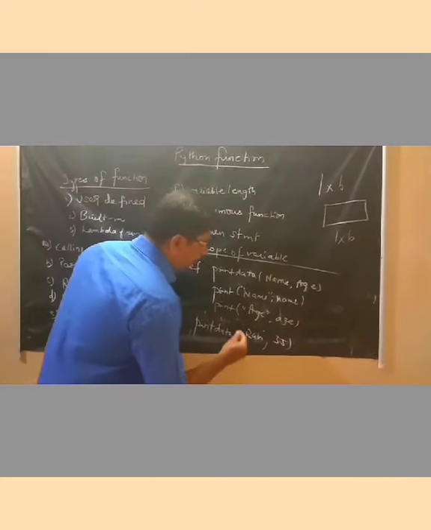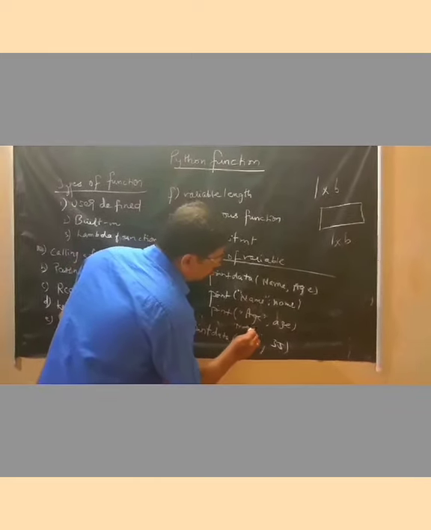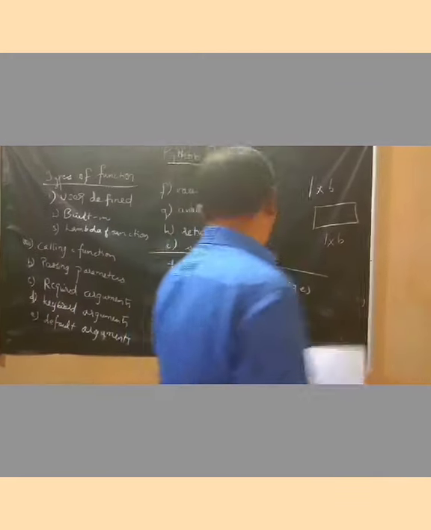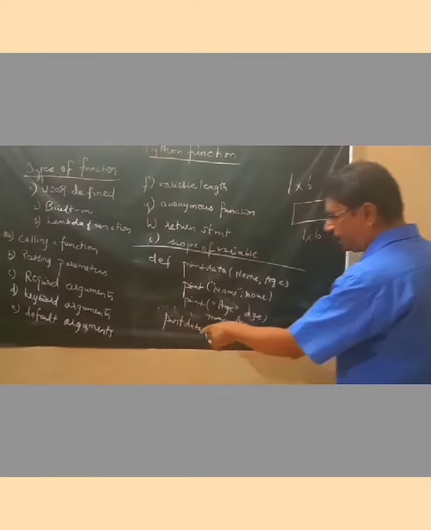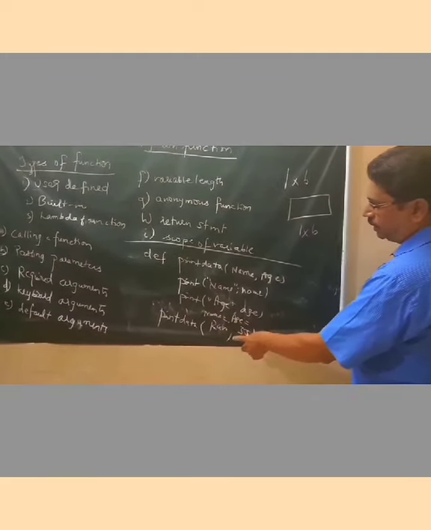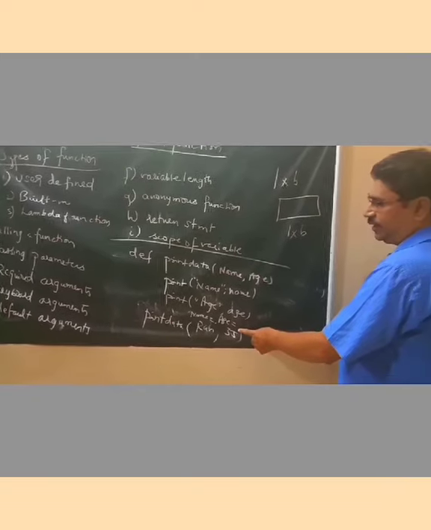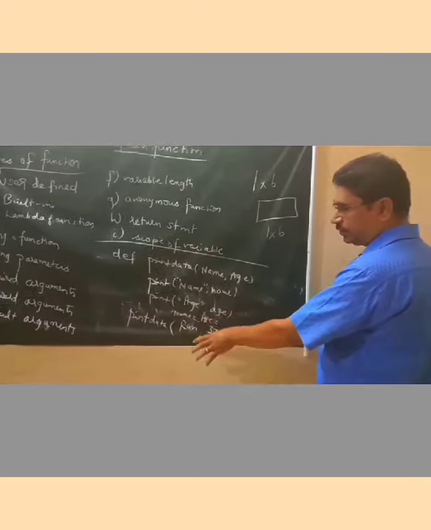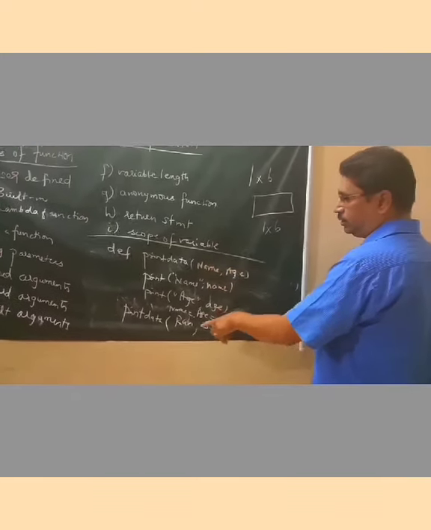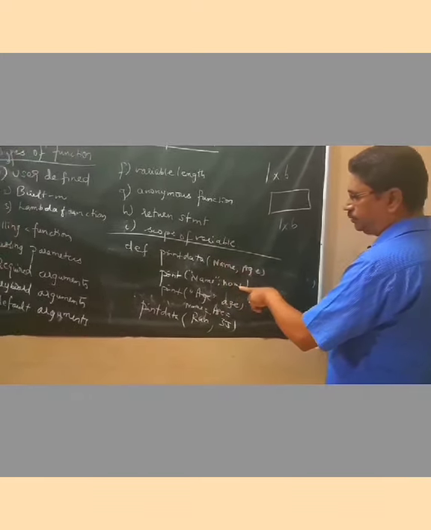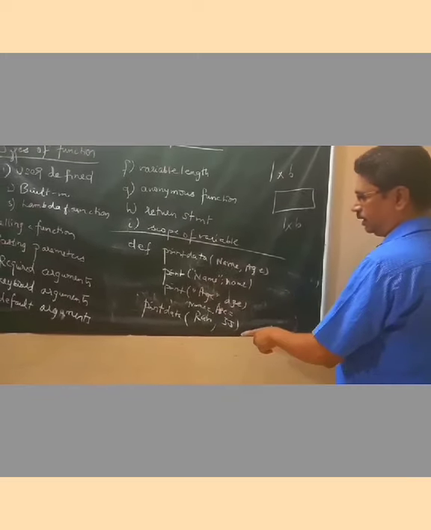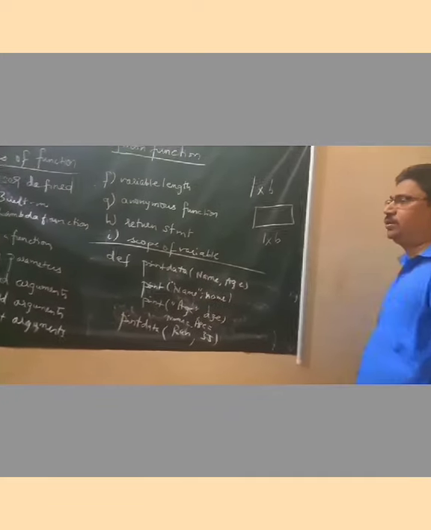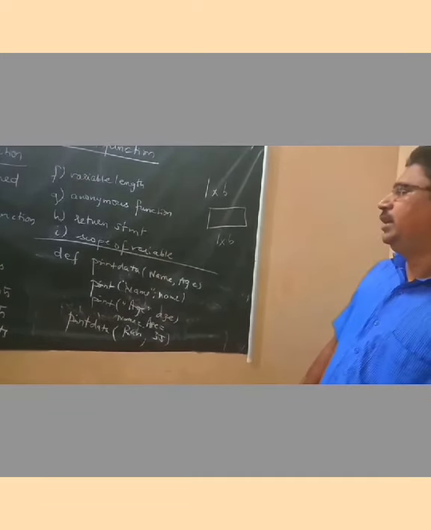If I write print_data name equal to Ravi, comma, age equal to 35, the computer will understand. I have to substitute this for this. So name Ravi will be printed here. Here what will be printed? Age 35. So this is called keyword argument.